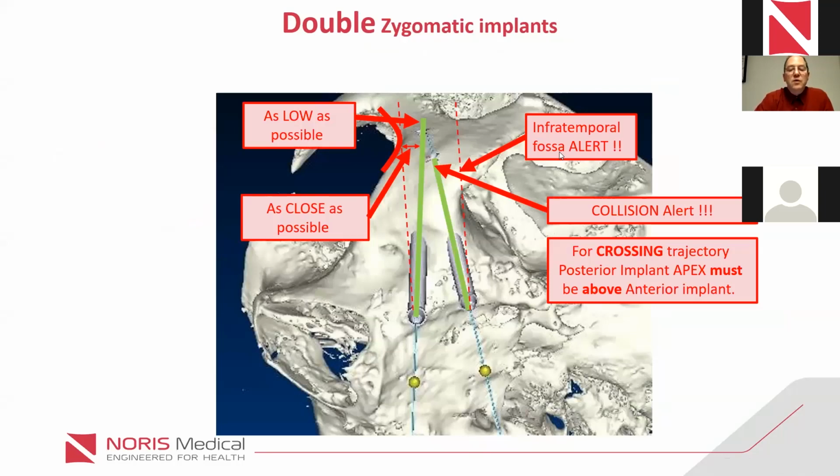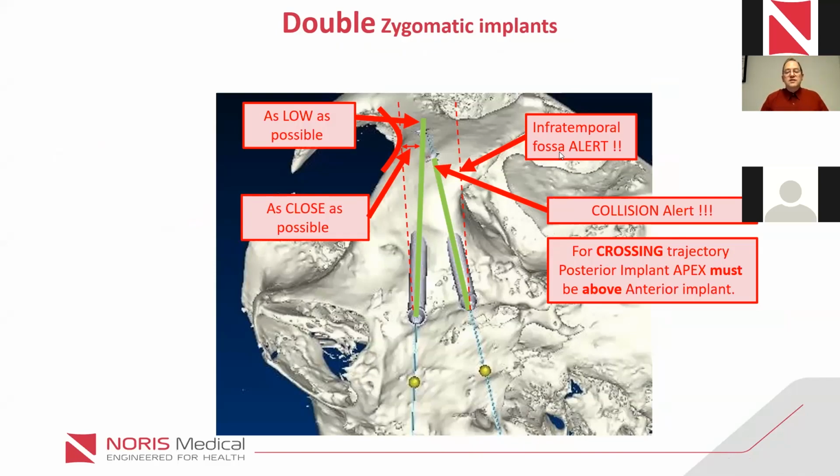Hello, Rami. When you're doing a quad zygoma, which implant do you do first? This is for Muhammad Ahmed. How do you decide if they are going to be parallel or overlap, colliding?